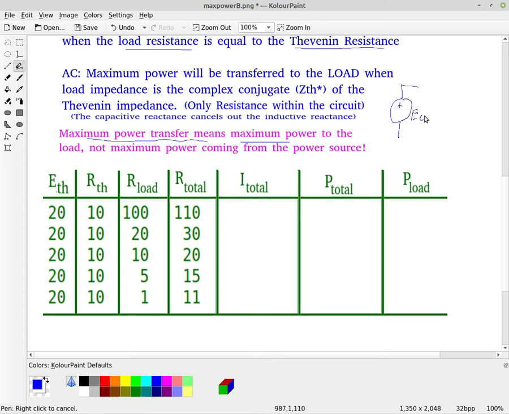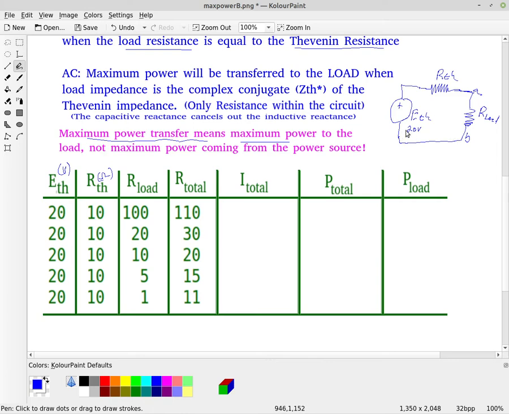This is E Thevenin, and for this example I'm going to say it's 20 volts, and I have an R Thevenin of 10 ohms. The question then becomes, what resistance should I choose for my load resistance to get maximum power to the load?